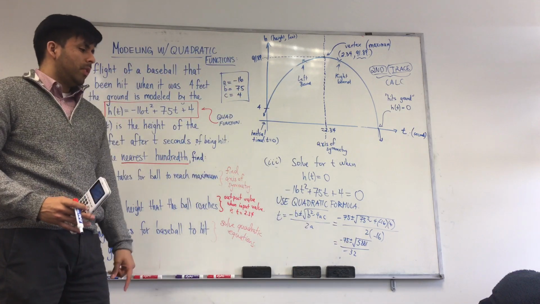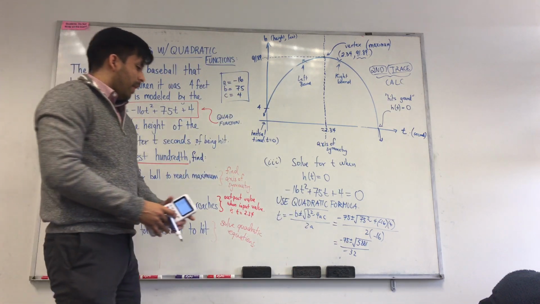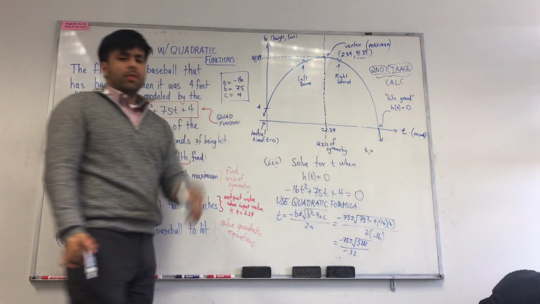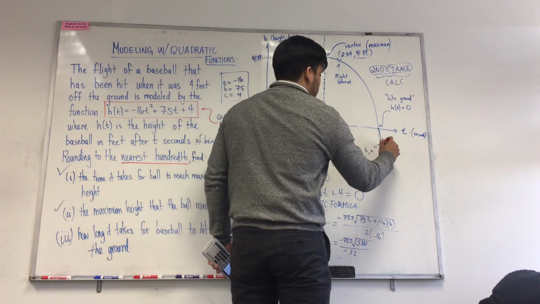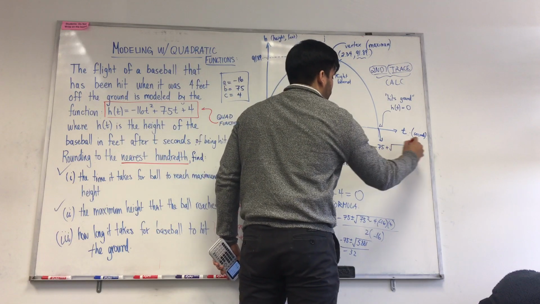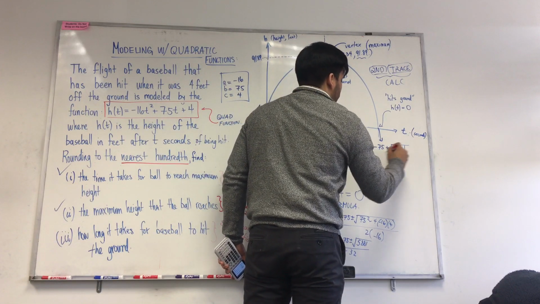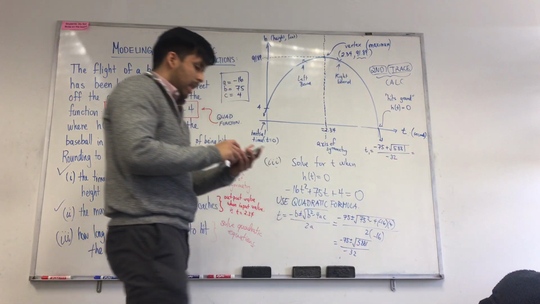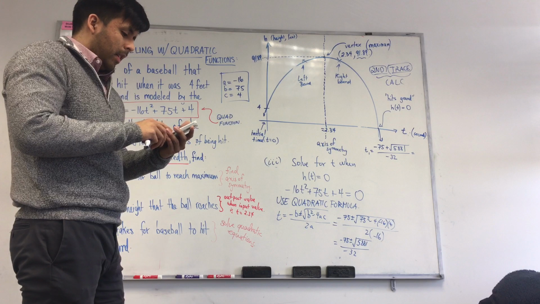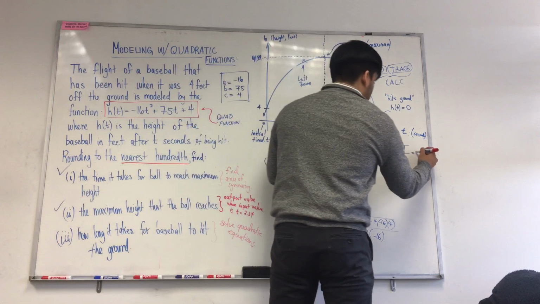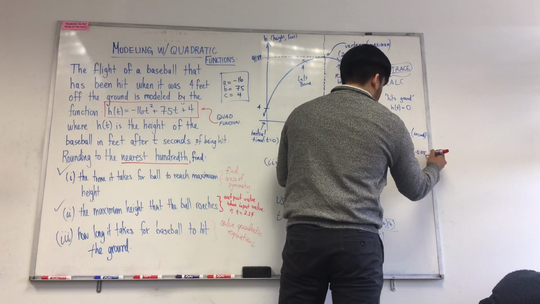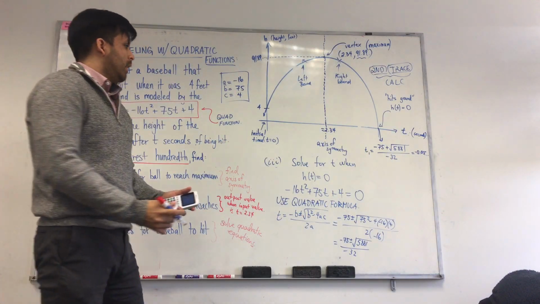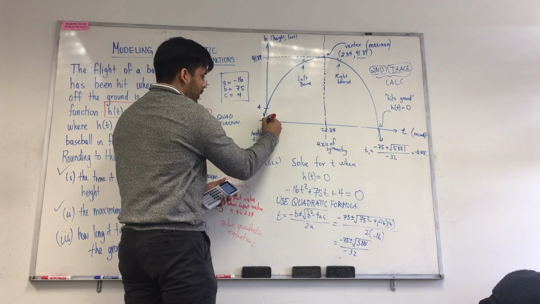So if I add negative 75 with the square root of 5881 over negative 32, I get negative 0.05. So this is going to be somewhere here, right?